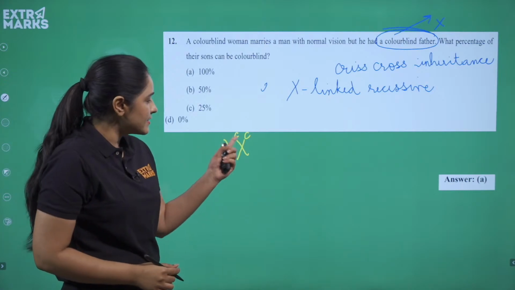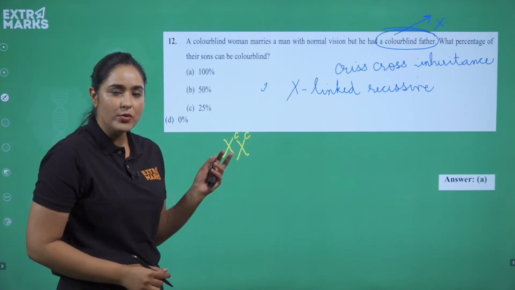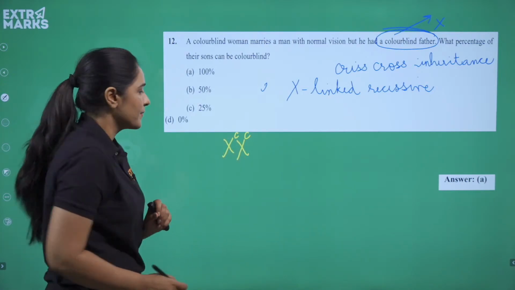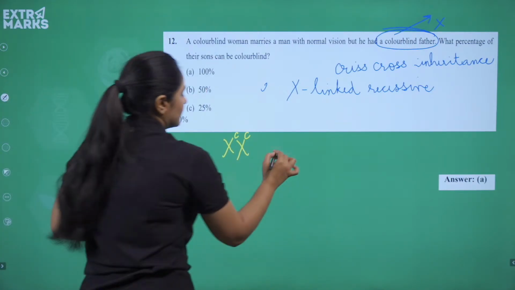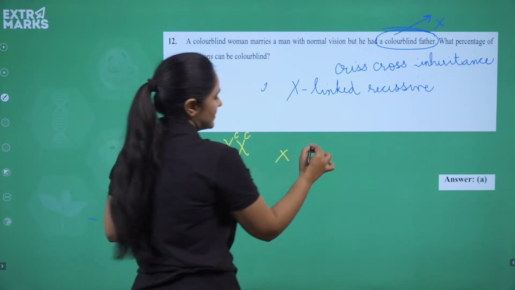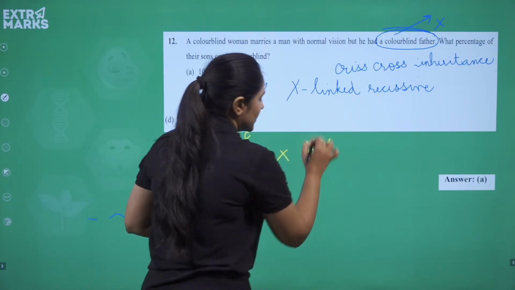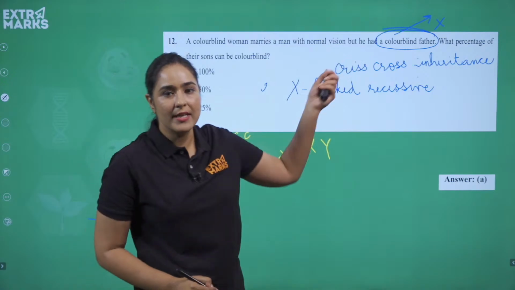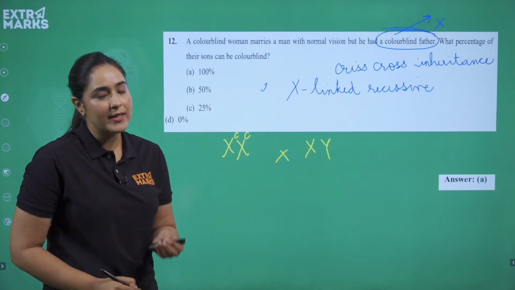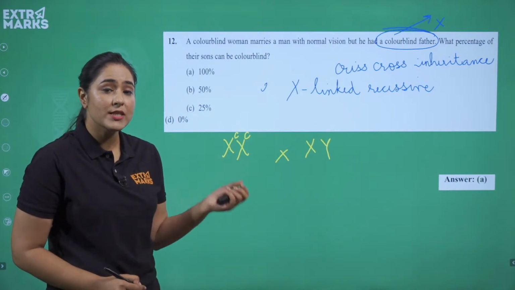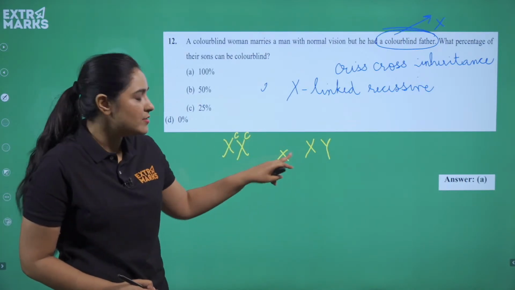So X^c X^c, both are mutant alleles here on the X chromosome. She is marrying a normal person, XY. Why? Because colorblind father he was having, but this colorblind father will not pass his mutant allele to his son. So he is normal here.